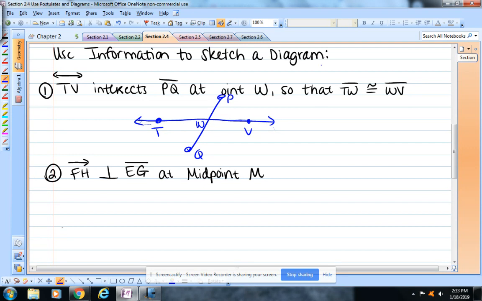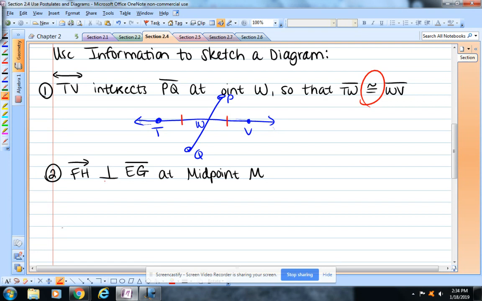Y'all remember those? I'll do mine in red. So if you see the little tick marks right there, that means that segment's congruent to that segment. Okay? So if it says it's congruent right there, then you need to show on your picture that it's congruent with those little tick marks. All right? If you're doing it for angles, you put little arcs in the angle, and I'll show you one of those whenever we get to doing more angles.